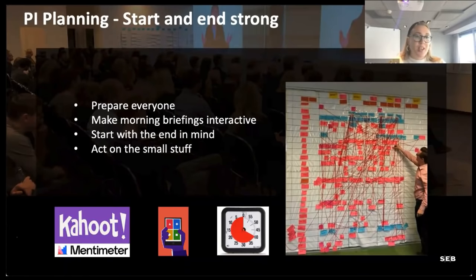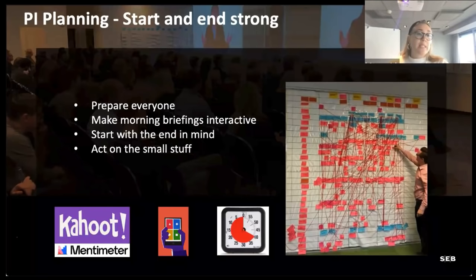And just as a good book, a PA planning starts strong, with the morning briefings creating that feeling, and ends strong. So making it really clear for everybody at the end of PA planning what is going to happen next. Now we've done this amazing plan, we've created this alignment with everybody.